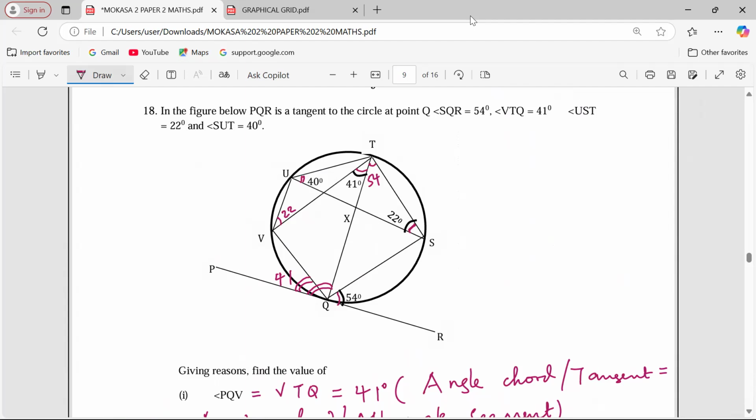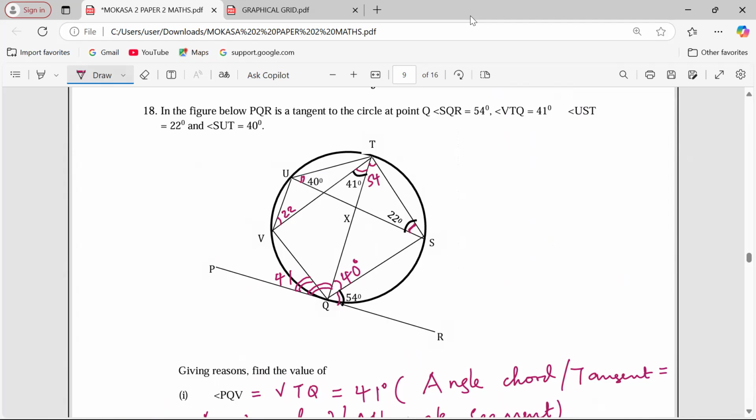Okay. You can see there is an angle equal to 40. The angle at U equal to 40. That angle has been produced by TS. So TS is also producing an angle here equal to 40. And now we can use angles on a straight line for us to get the remaining angle on the other side of Q, whereby we take 180, then we subtract all these angles, 41, 40, and 54, along the tangent PQR, so that we get the remaining angle.